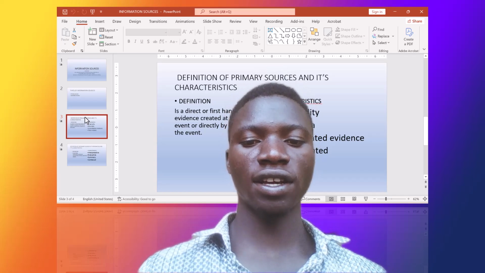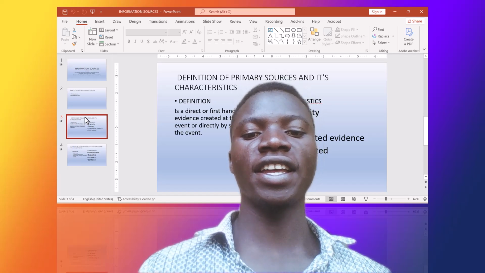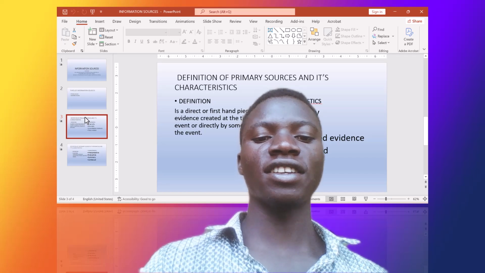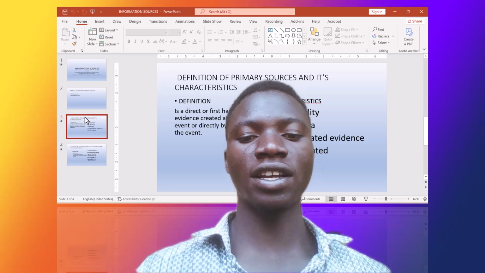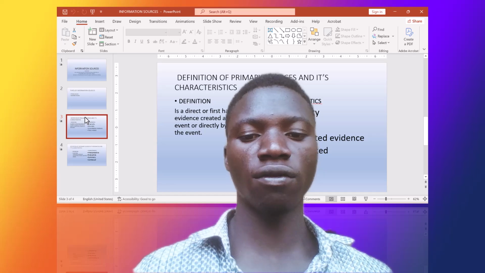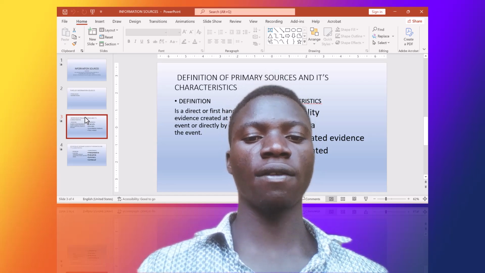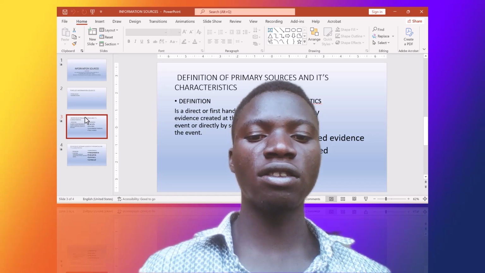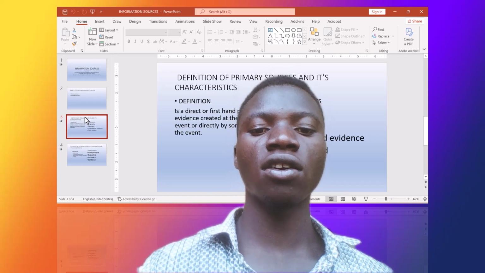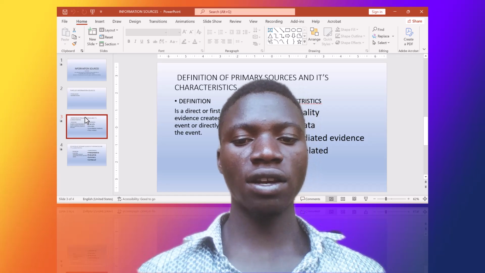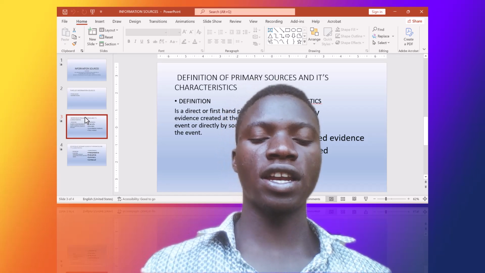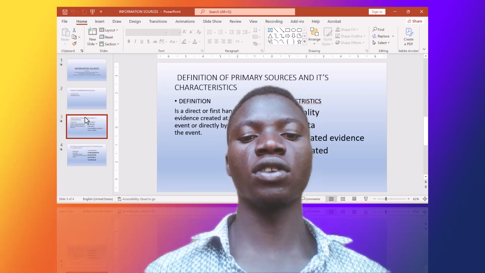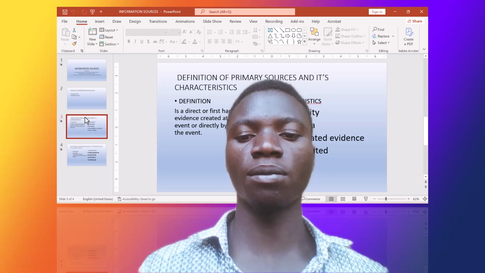It means it is not mediated; it is done at that specific time you want that information. Say, maybe, information about lab results: it is the instant result which is taken, a first-hand piece of information created at the time of that event. That is when it's called first-hand, that is, a primary source of information.